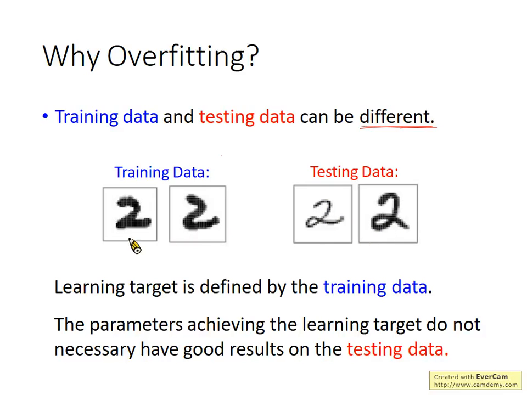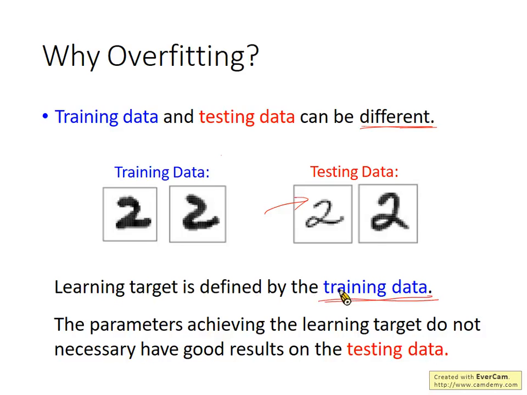So if we train the digit 2 model based on such training data, we may not be able to accurately recognize such testing data, because the learning target is defined by the training data.